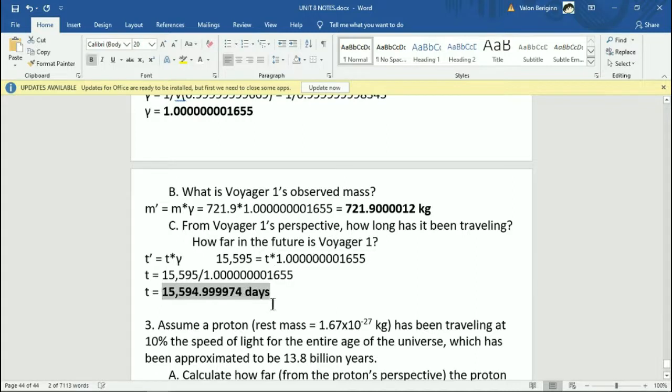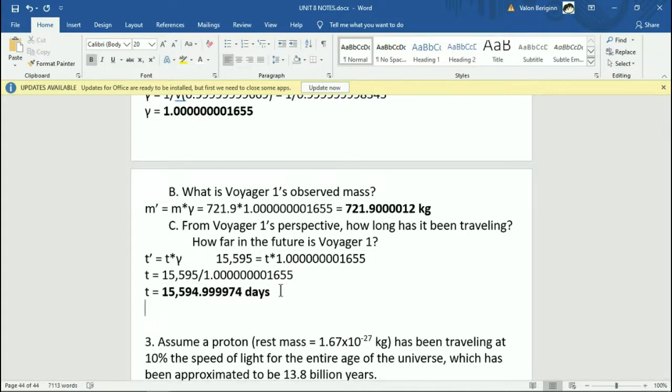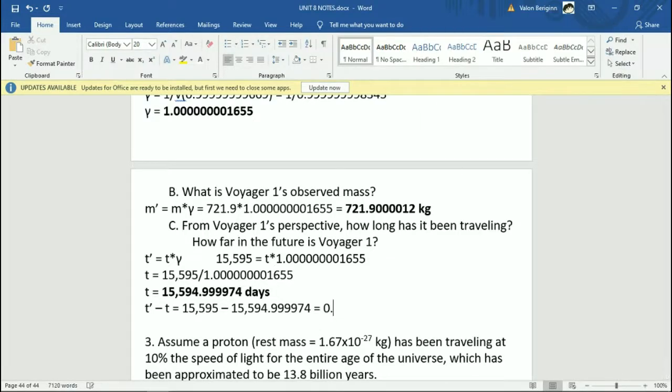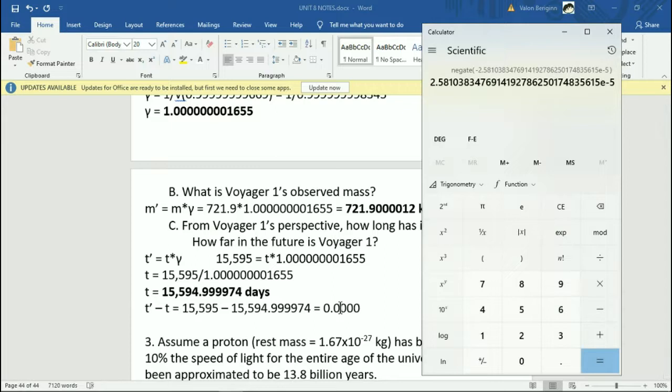Then the question of how much it has time traveled into the future is the difference in time between these two days. So t prime minus t, so 15,595 minus 15,594.999974 is 0.1234 2581.